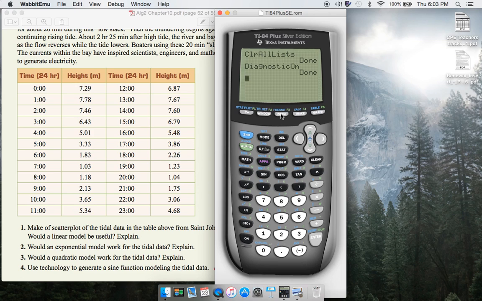Okay, very good. Now we're going to run diagnostics on the data in our statistics. So we come here to statistics. I want to calculate the statistics here, and we are looking for a sine regression. We press enter.